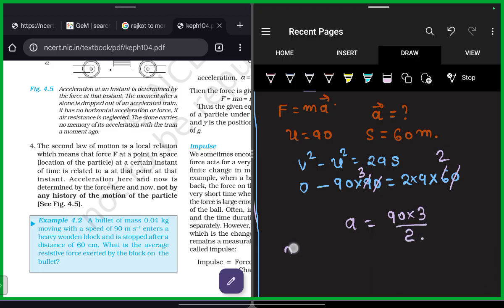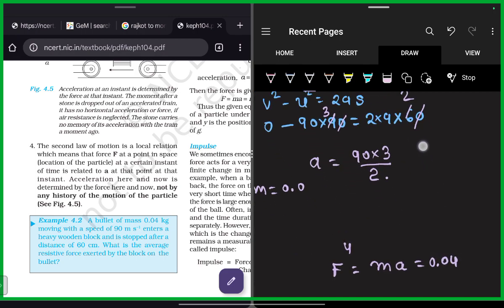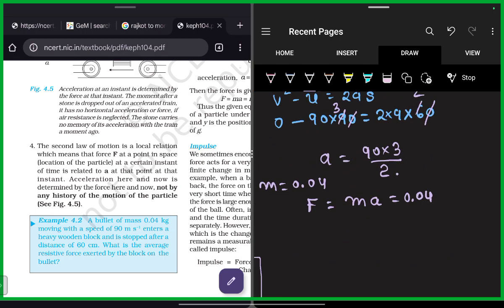And mass was 0.04 kg. So here resistive force will become 0.04 multiplied by 90 multiplied by 3 divided by 2.